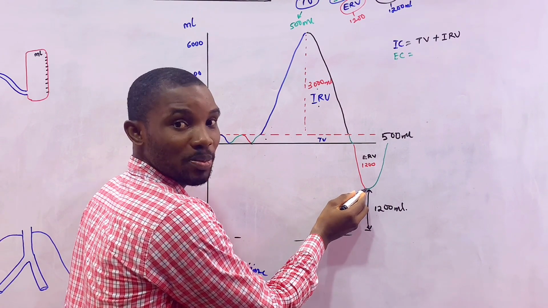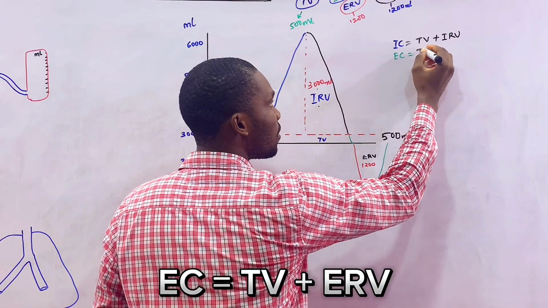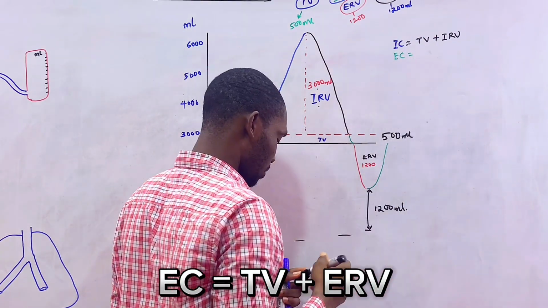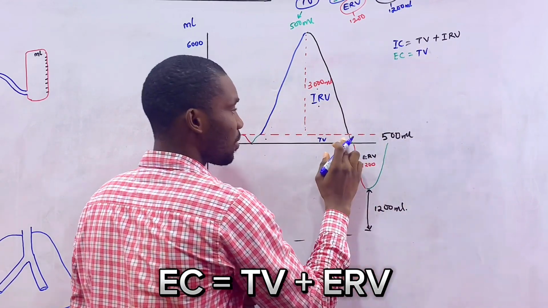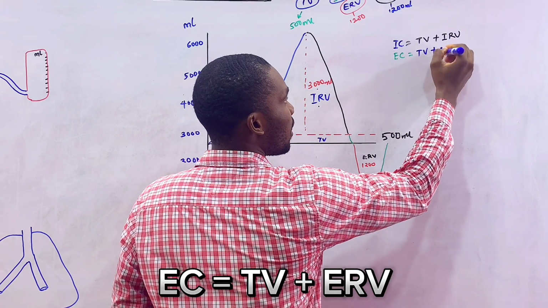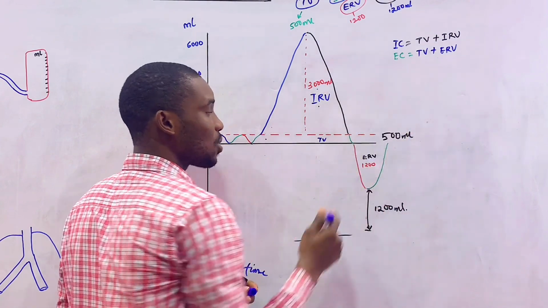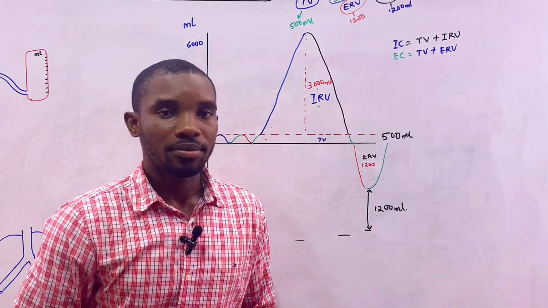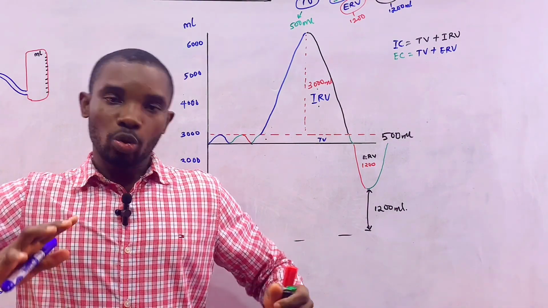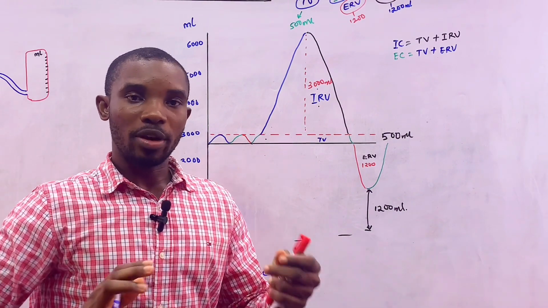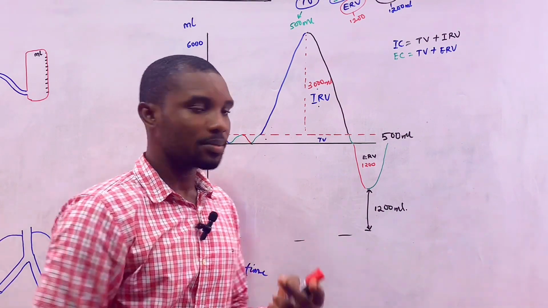That will be your tidal volume over here plus expiratory reserve volume. So after normal inspiration, you want to check how able you are to push out two volumes together: the tidal volume and expiratory reserve volume.